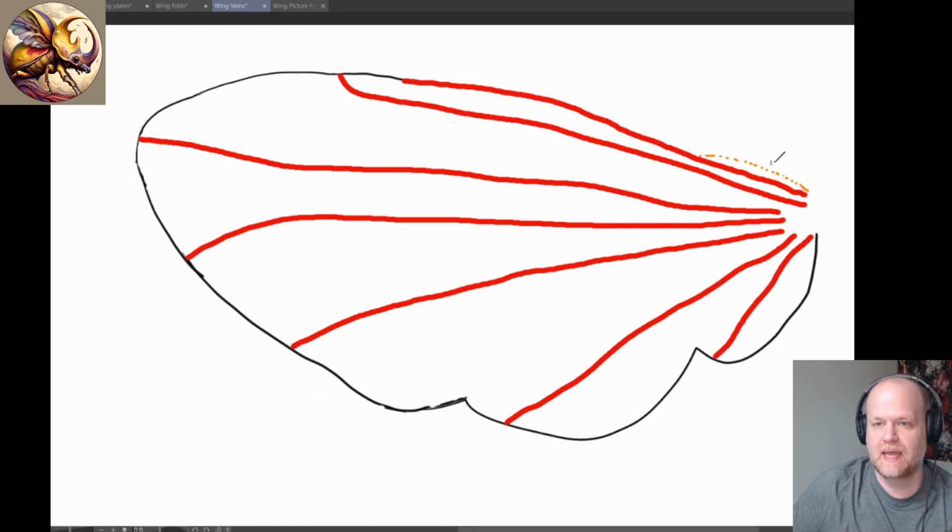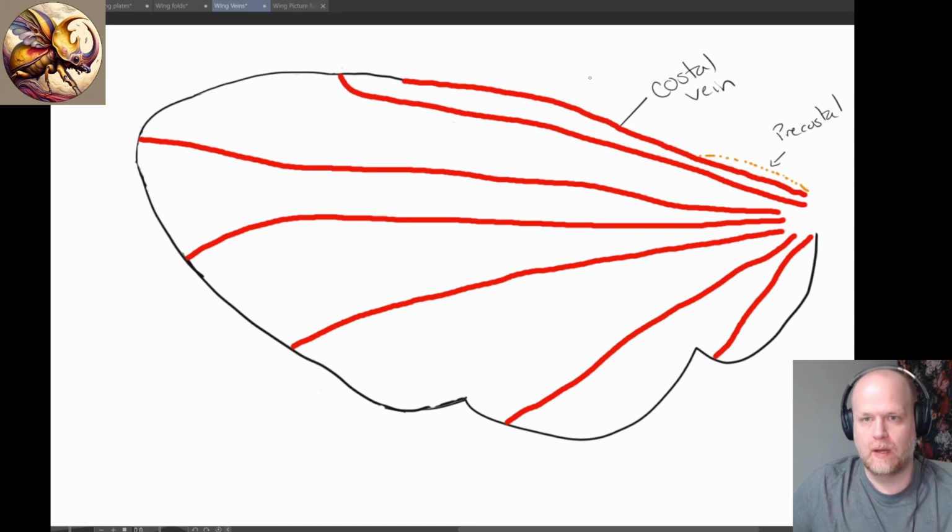So some insects have something here called a precostal vein. It is not always there, and basically there's a small vein with a cell in between the precostal and the major anterior vein of insects, which is called the costal vein. The costal vein is what gives the structure and stabilization to the anterior margin of the wing.